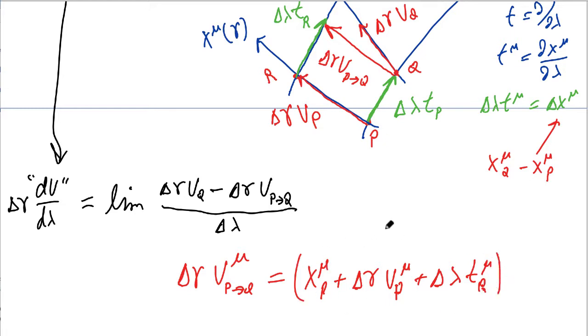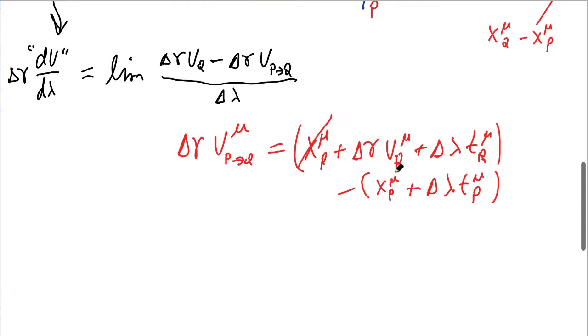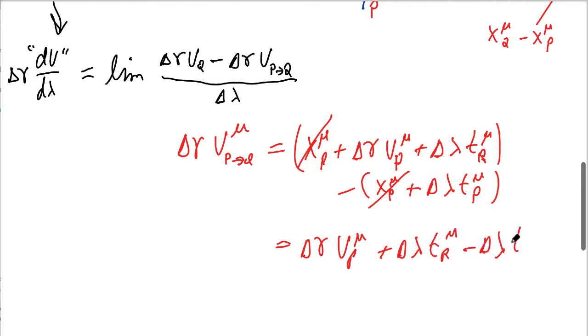So there's the coordinates of this point, the tip of this displacement vector. The coordinates of the base are, starting from point P, we then add delta lambda times t_p^mu. Okay, so we see here that, of course, these cancel, and we have delta gamma v_p^mu plus delta lambda t_r^mu minus delta lambda t_p^mu.